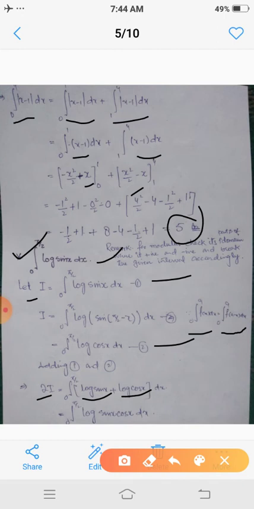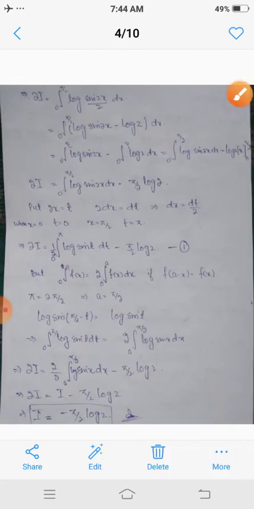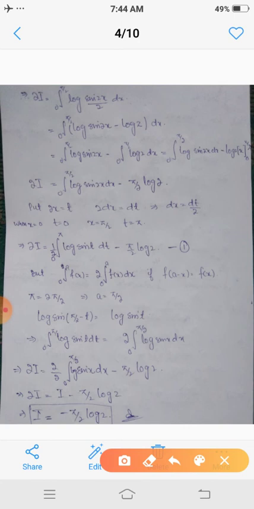Now log a plus log b is log ab, which implies that it is simply log of sine x into cos x. We know that twice sine x cos x is sine 2x, so multiplying and dividing by 2, we get 2I equals the integral 0 to pi by 2 log of sine 2x upon 2, because sine 2x is twice sine x cos x, and the 2 will cancel, so we simply get sine x cos x.